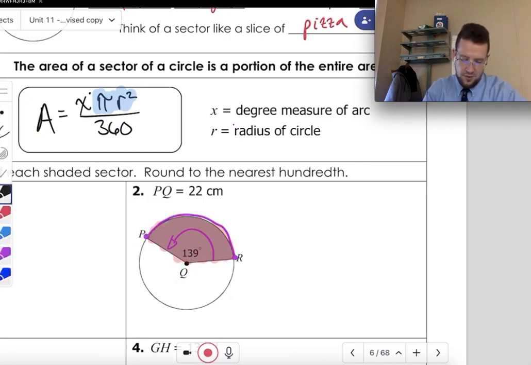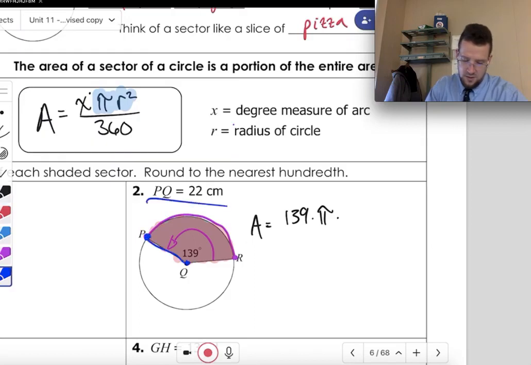The area is going to be 139 times pi times the radius squared. PQ here is our radius, and we're told it's 22. So this is 22 squared, divided by 360.